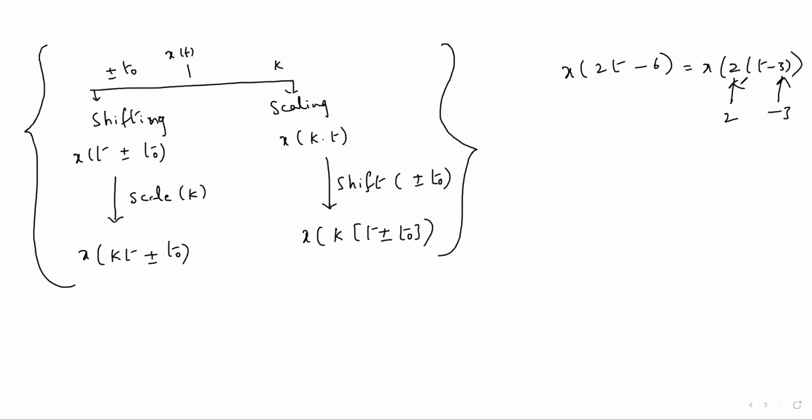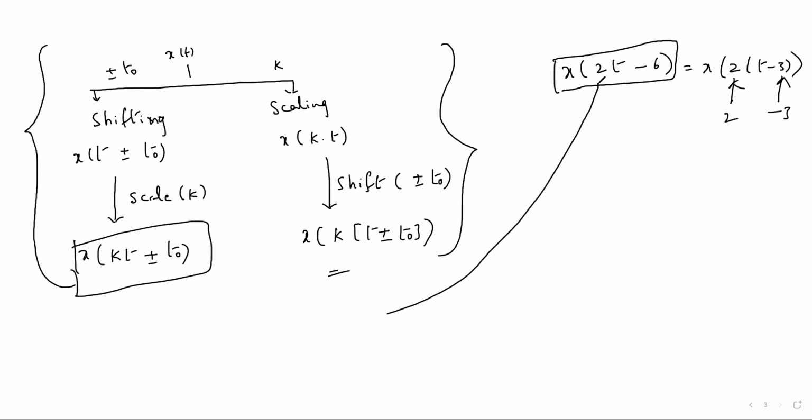If you write it in this form, whereas the direct form x of 2t minus 6 is the first form we require. So since this expression is in this form, we followed shifting first, scaling next.